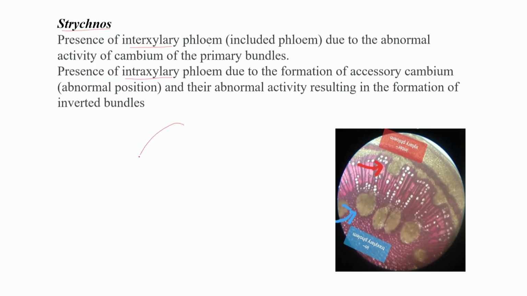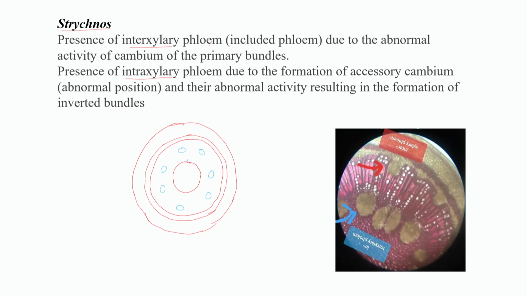See, when you cut the section of this Strychnos stem, you will definitely see pith in the center, okay, and then in this secondary xylem region you will see presence of a lot of included phloem, and along with that in the pith region also you will see some phloem which is known as intraxylary phloem, okay.